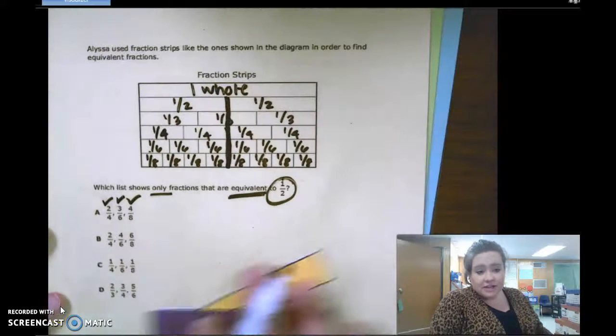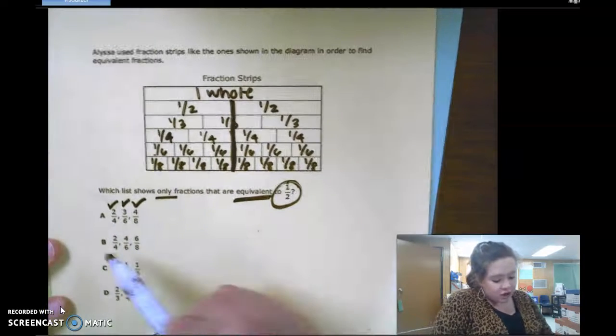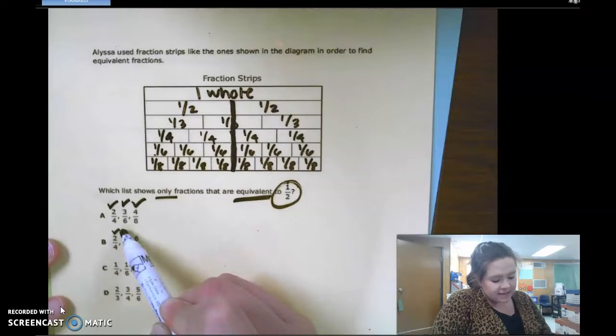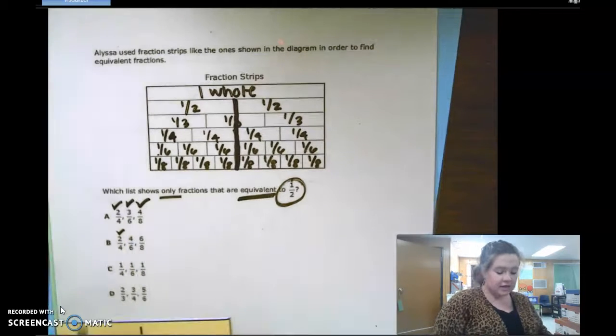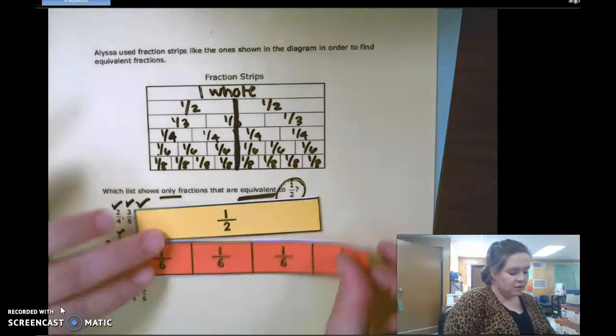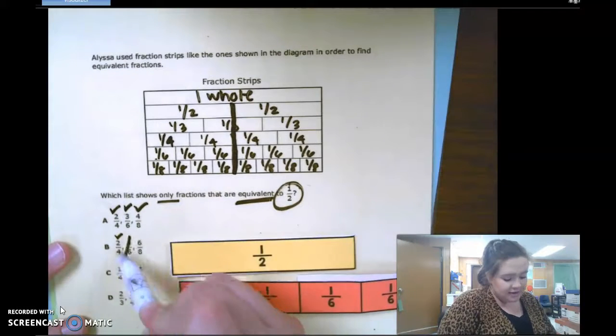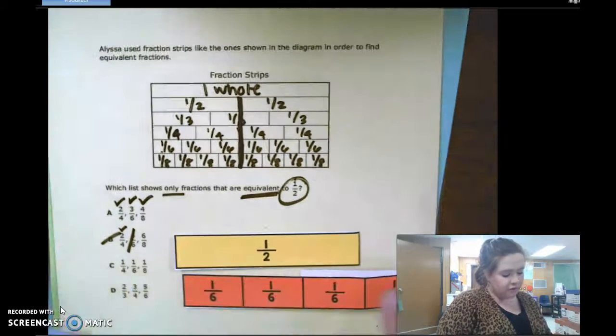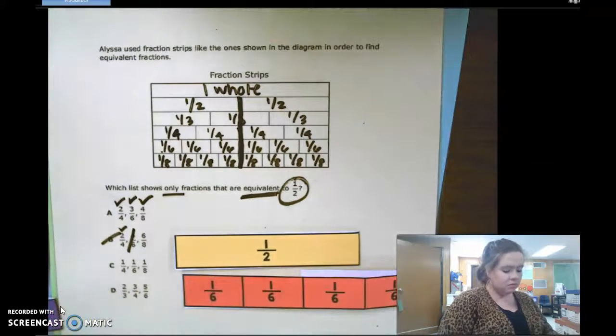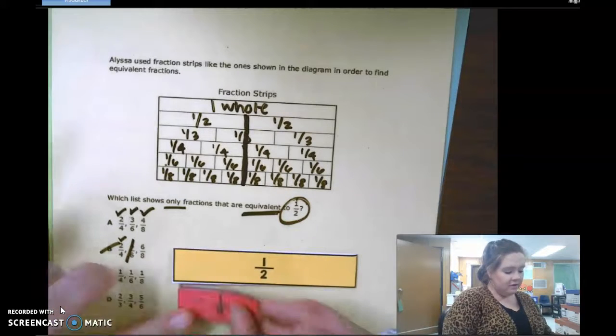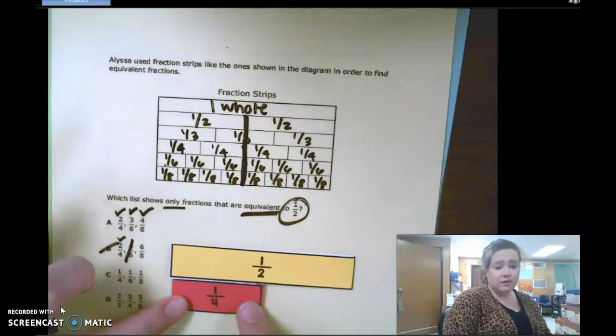All right, let's check and see if you guys were correct. 2/4 is equivalent. 4/6 is not equivalent to 1/2. So that makes this answer choice wrong. 1/4 and 1/2, those are not equivalent.